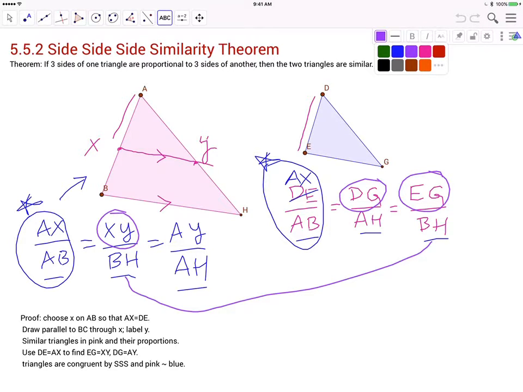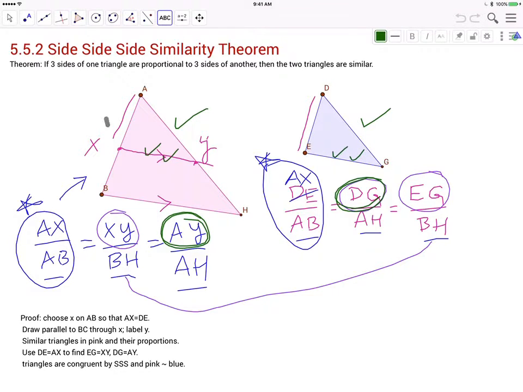And let's see, in green, AY and DG must be the same number. AY and DG are the same. These two are the same. And these two are always the same. So therefore, these two triangles are congruent by side, side, side.